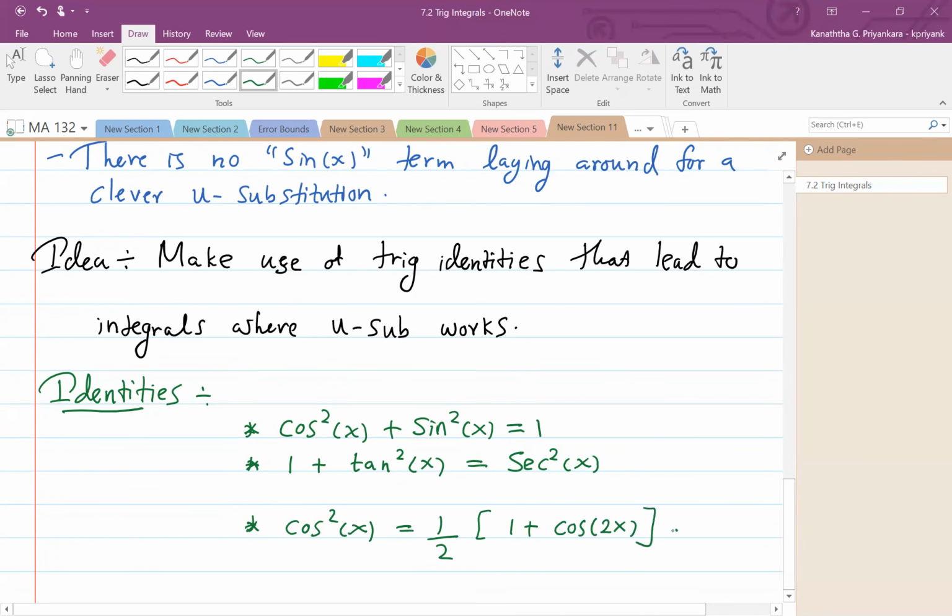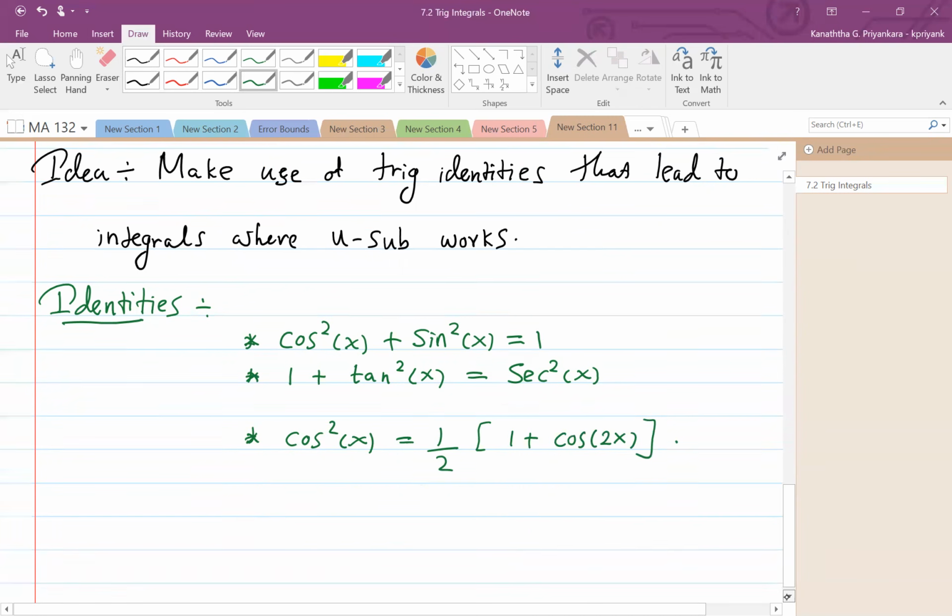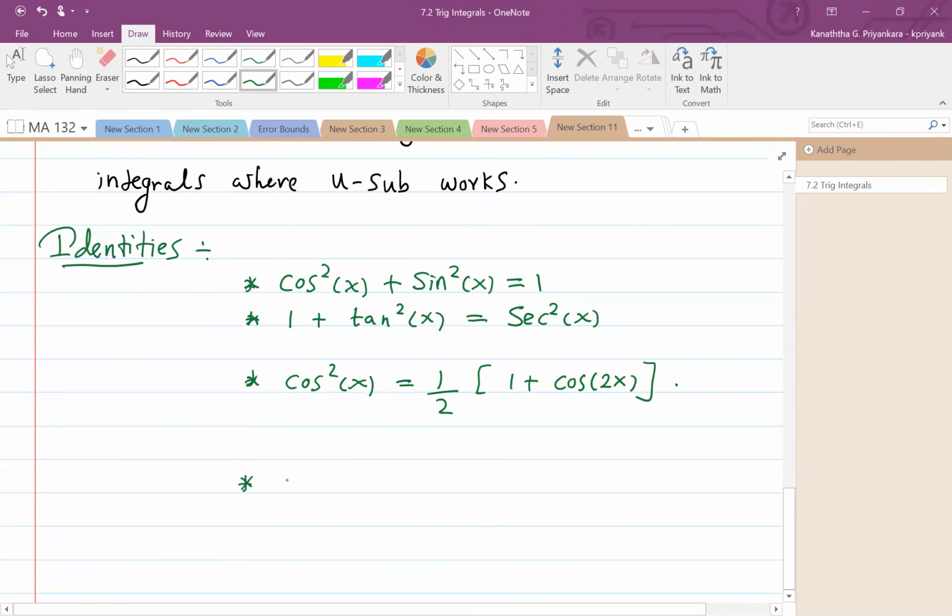That is one possibility. And if we are given sine squared x, then we can use 1/2 times 1 minus cosine 2x. And if you have sine 2x, then you can use the half angle identity, which is sine 2x equals 2 sine x cosine x.